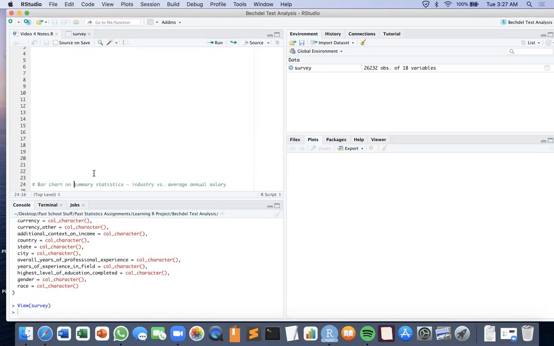And then basically, we're going to graph the same data in different ways, different ways of visualizing it. So I'm just going to go through these charts, 1, 2, 3, 4, 5.